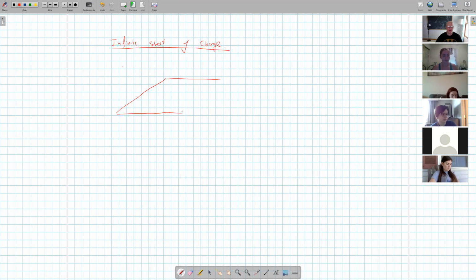I'm going to draw it from an angle. Okay. So this is extending in this direction to infinity, in this direction to infinity, in this direction to infinity, in this direction also to infinity. So this is kind of an angle view. And then if I draw just simply a side view, let's say here's my side view.